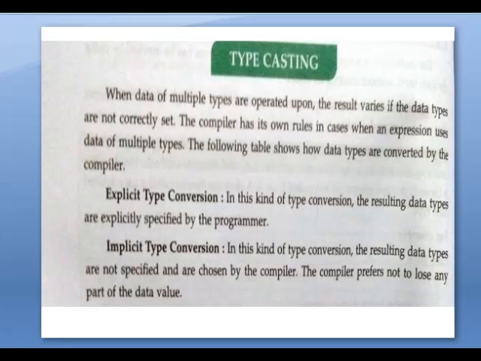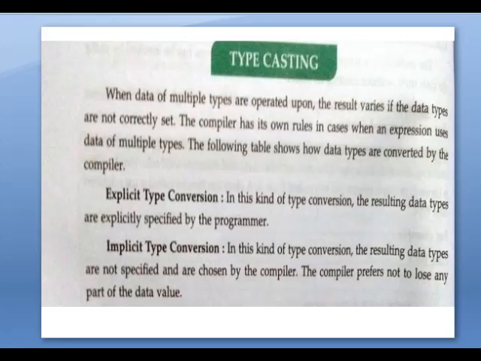In explicit type conversion, the resulting data type is explicitly specified by the programmer. Then the next one is implicit type conversion. It is the kind of type conversion where the result data types are not specified and are chosen by the compiler.